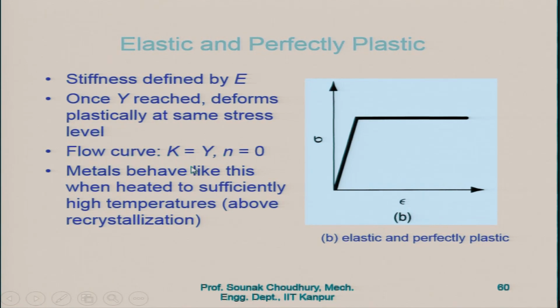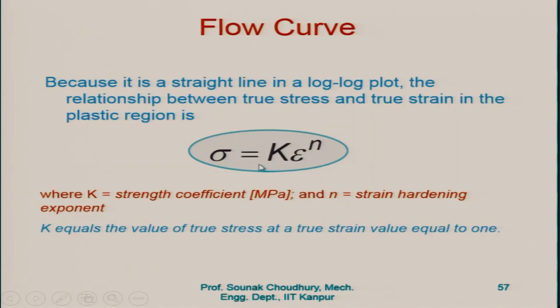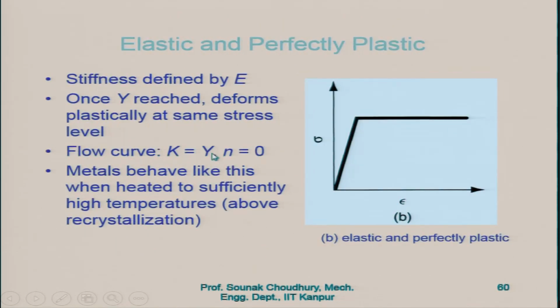Therefore, in the flow curve K is equal to Y, because there is no strain hardening here, n is equal to 0, and therefore the flow curve will be K is equal to Y, okay. If you see the flow curve that we have shown, we are defining that as Y. This is the yield point, by the way, all right.